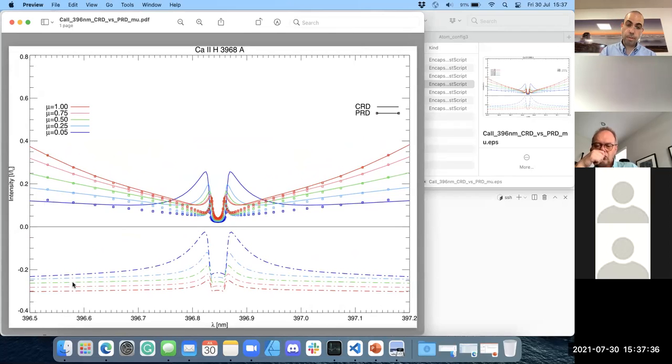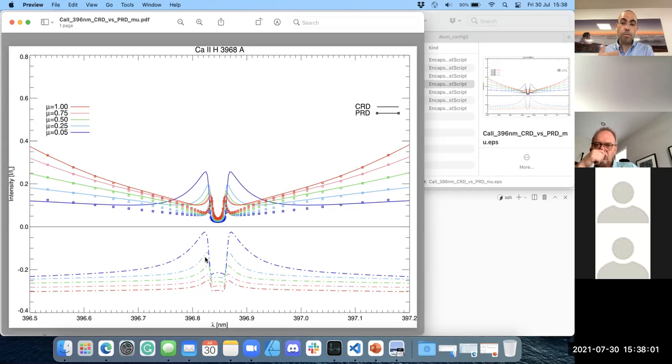If you see the difference now, it's really clear that close to disk center, the differences are relatively small, but for lines that are very sensitive to PRD, as soon as you move to the limb, you can start seeing larger and larger differences. So in this case, close to the limb or at 0.25, the differences are very large.